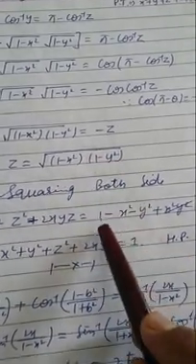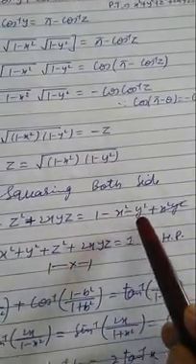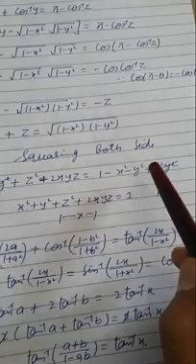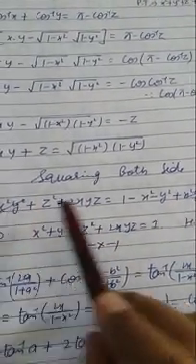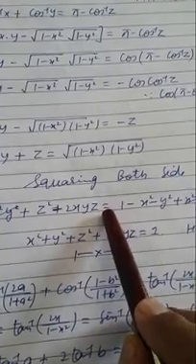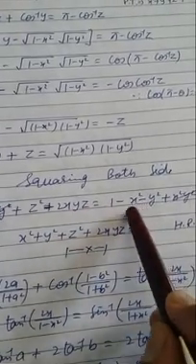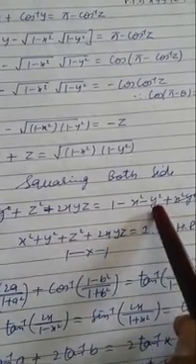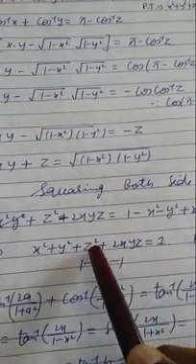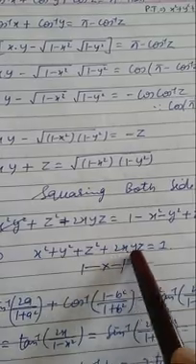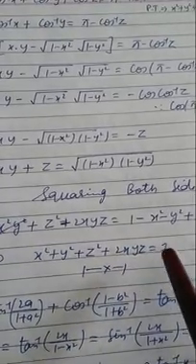Multiplying it, we have 1 minus x square minus y square plus x square y square. X square y square cancel, the same term but opposite in sign. Now shift x square y square from RHS to LHS. We have x square plus y square plus z square plus 2xyz is equal to 1. This we have to prove.